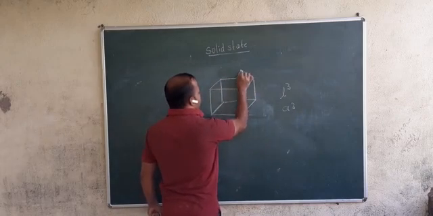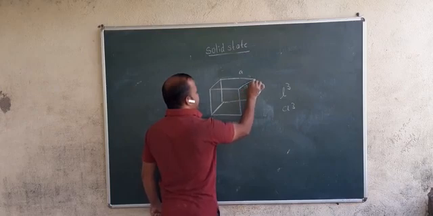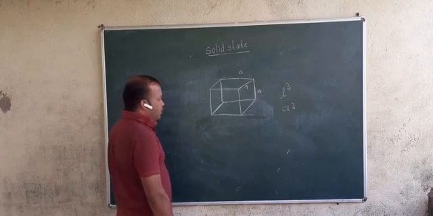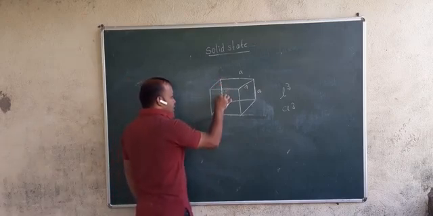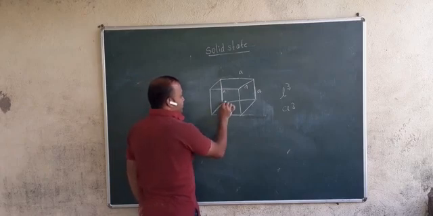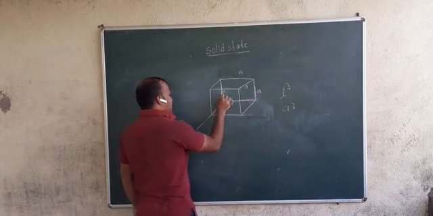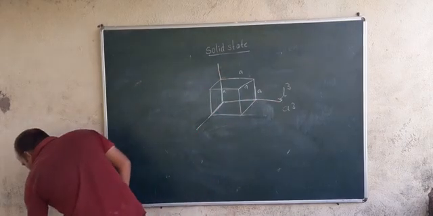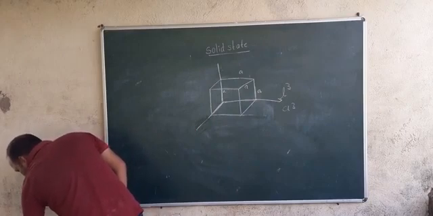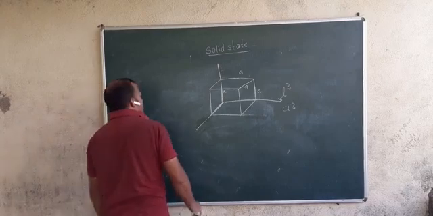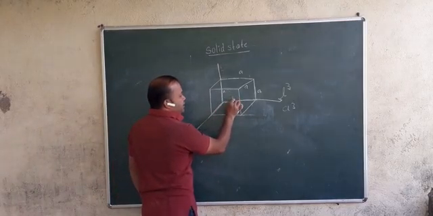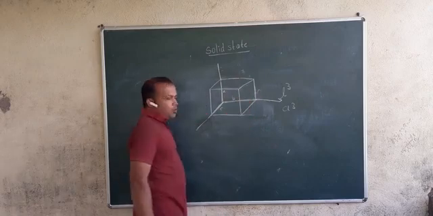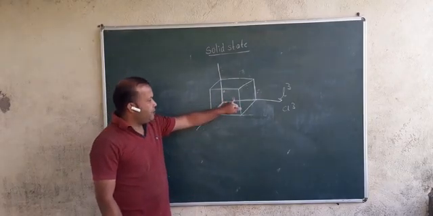So this distance is A, this distance is A, and this height is also A. I'll extend it. This is A, this is B, and this is C. Instead of taking all three as A, I am taking A, B and C.